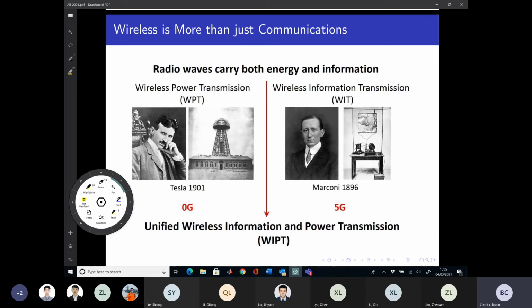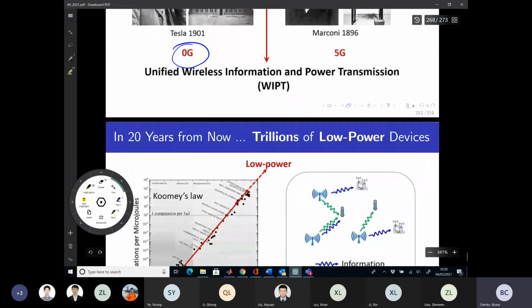But there is an increasing interest in this area simply because the power consumption of electronics decreases and the number of devices explodes. So you're looking at ways to really make use of radio waves for the dual purpose of communicating and energizing.